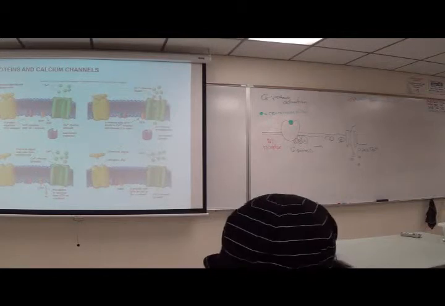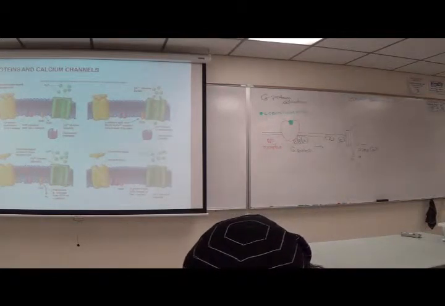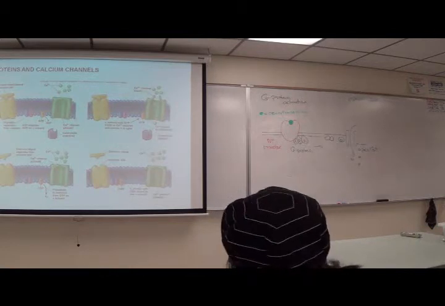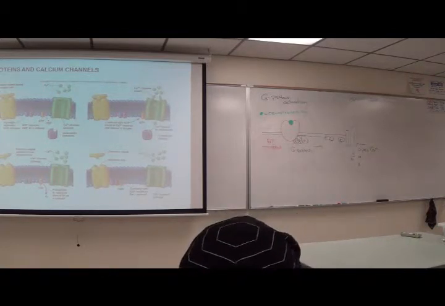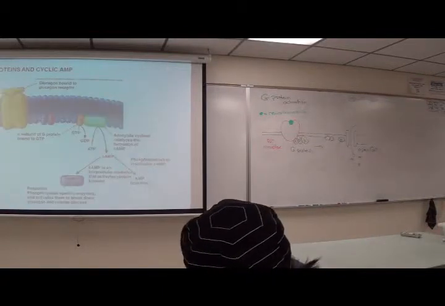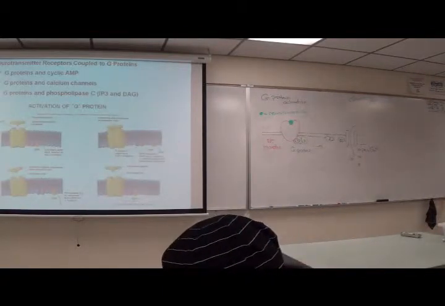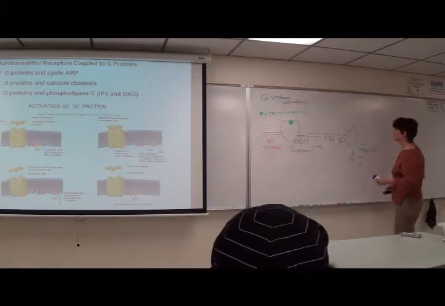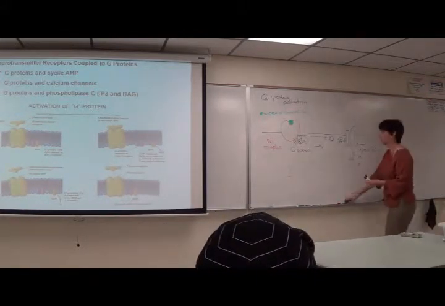This third event combines both of these. We activate a second messenger like cyclic AMP, and we open calcium channels. So this is not part of this event. Okay. This one is just calcium channels.